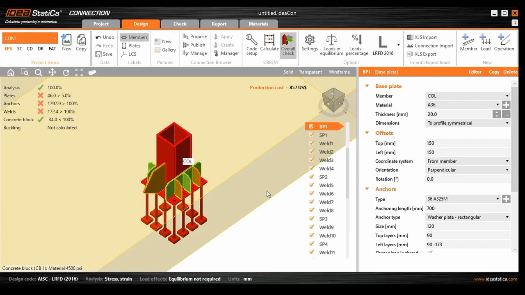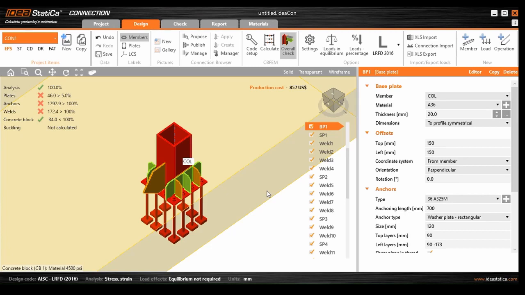First, we check plates. IDEA Statica uses a 5% strain limit to check whether a specific plate is qualified to withstand the forces or not. This is a criterion from EU code, but AISC doesn't have such a criterion, but similarly, AISC defines a thing called connection strength.